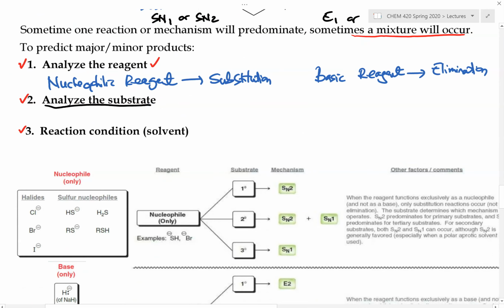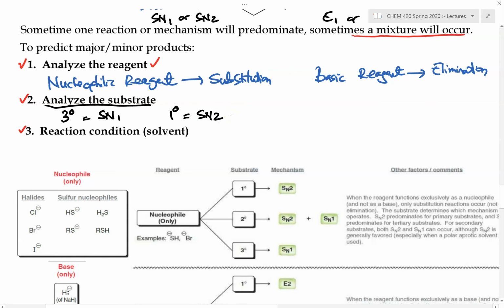It is the type of substrate that can favor either SN1 or SN2, as follows. If we were to have the tertiary substrate, which is quite sterically hindered and therefore difficult to attack, then we'll be favoring the SN1 reaction. Whereas if we were to have the primary substrate, then we'll be favoring SN2 reaction.